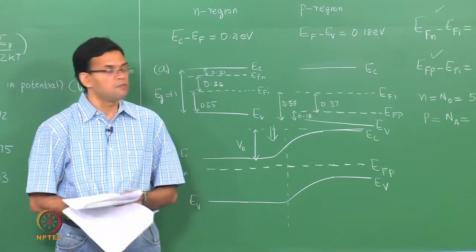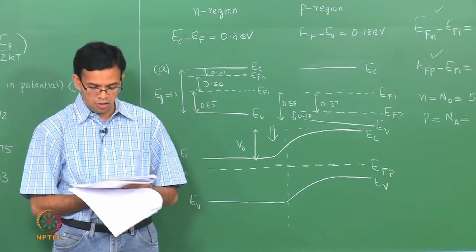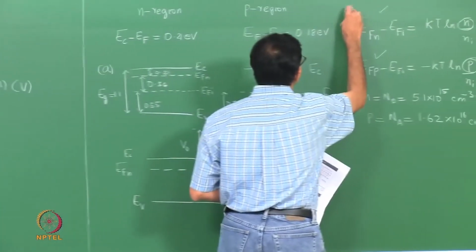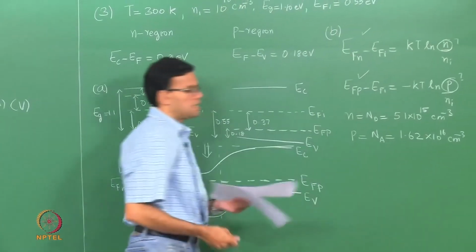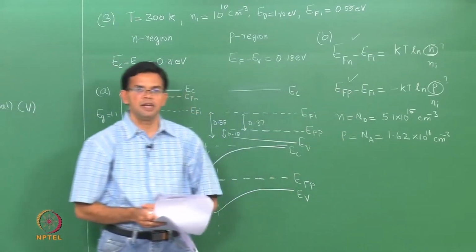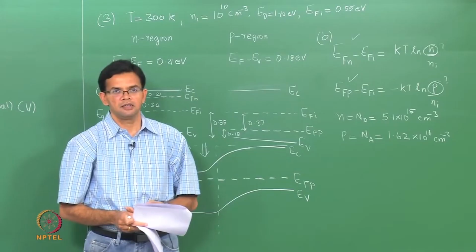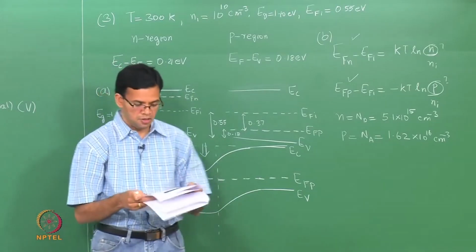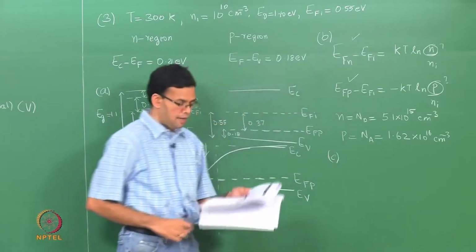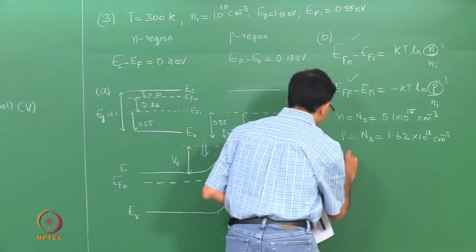So, part B, we need to determine the concentration of the impurities. So, we actually just did that. So, this is essentially part B. Just by looking at the shift in the Fermi levels, we can calculate the concentration of the impurities. Part C, we want to calculate the built in potential.